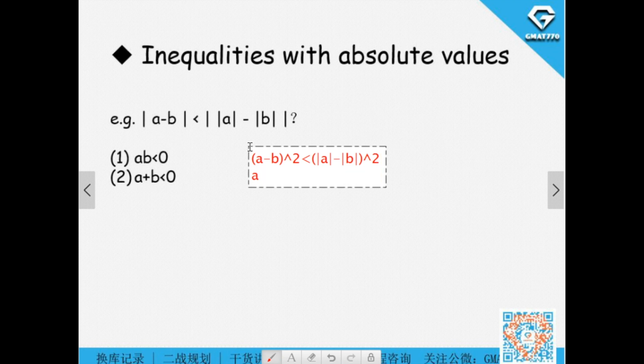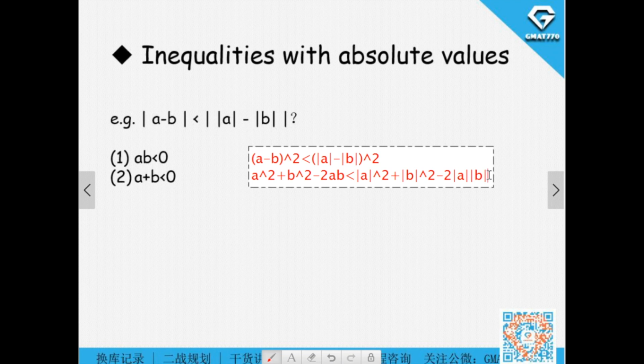So you will have a squared plus b squared minus 2ab less than the square of absolute value of a plus the square of absolute value of b minus 2, like this. And then you can just take a look at both sides.